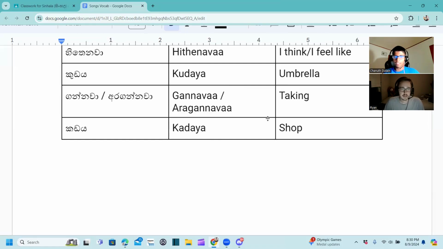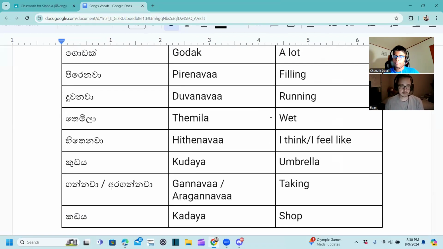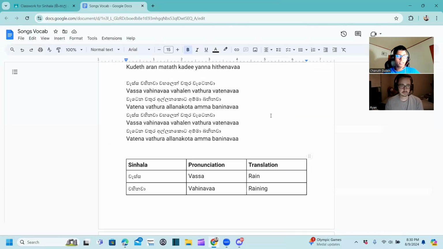It's basically the same thing, taking. Does it matter which one you use? No, actually. We could say aragannava, gannava, or aragena or gena. It's basically the same thing, taking. And we have kadaya, that means shot.